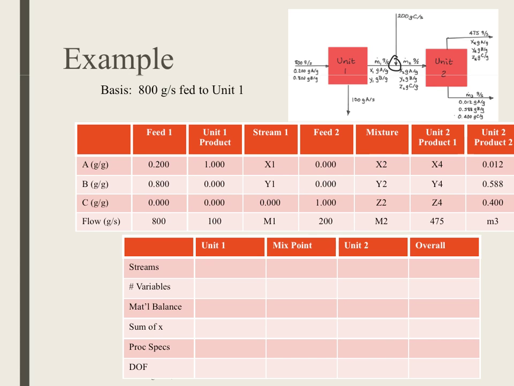Now, for Unit 1, I have feed 1, Unit 1 product, and stream 1 going in and out. The variables associated with these are simply X1, Y1, and M1.